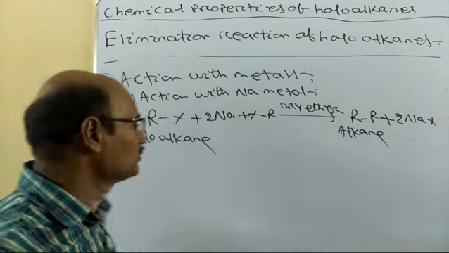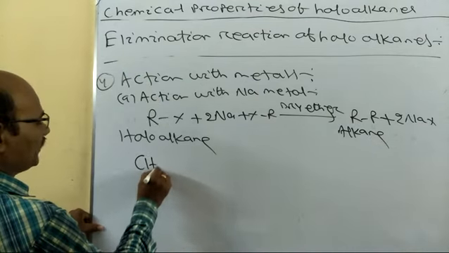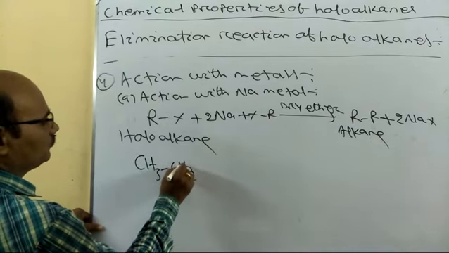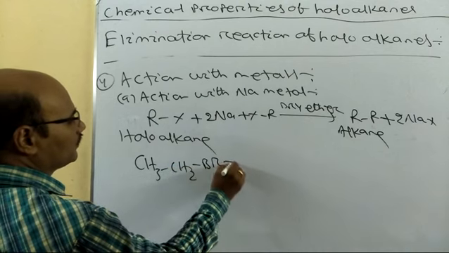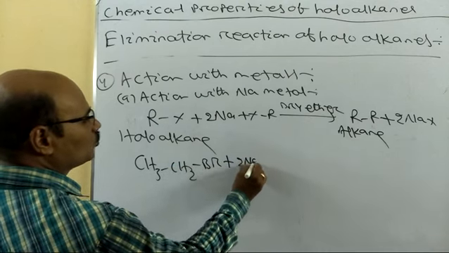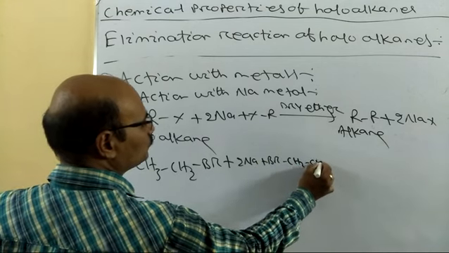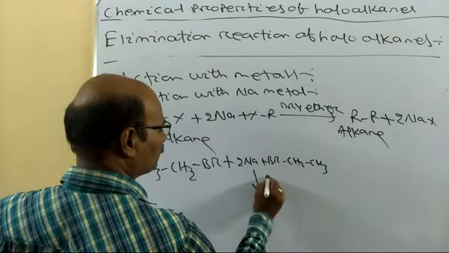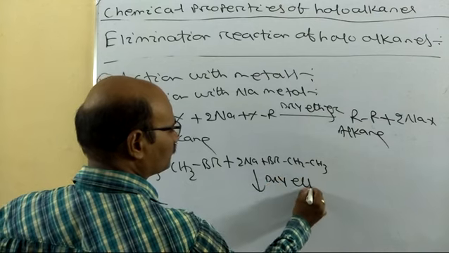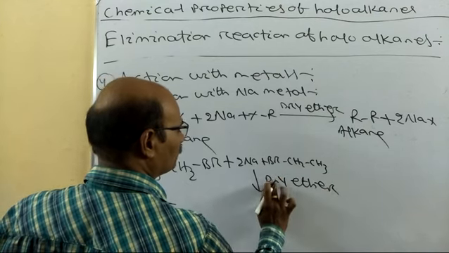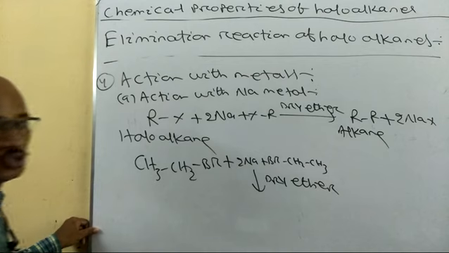Now see, if I write CH3CH2Br plus 2Na plus BrCH2CH3 in dry ether, what will happen?